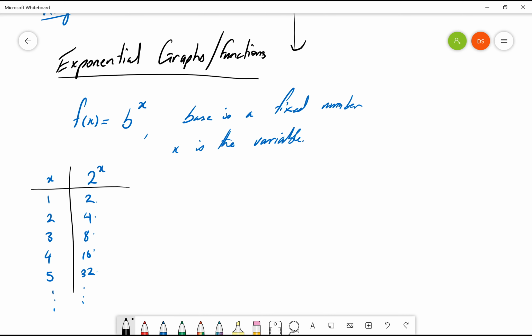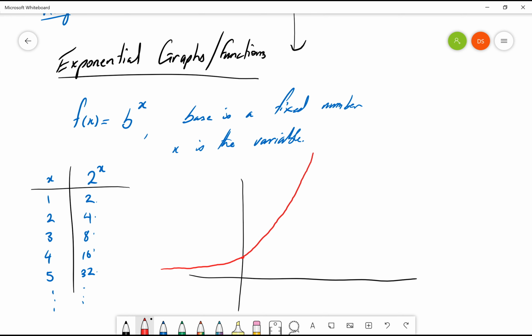And so on a graph, exponential graphs typically go through 1 when x equals 0, and they never are negative. These are growth curves. But if you made the power negative, you could make exponential graphs that look like this, where they shrink.